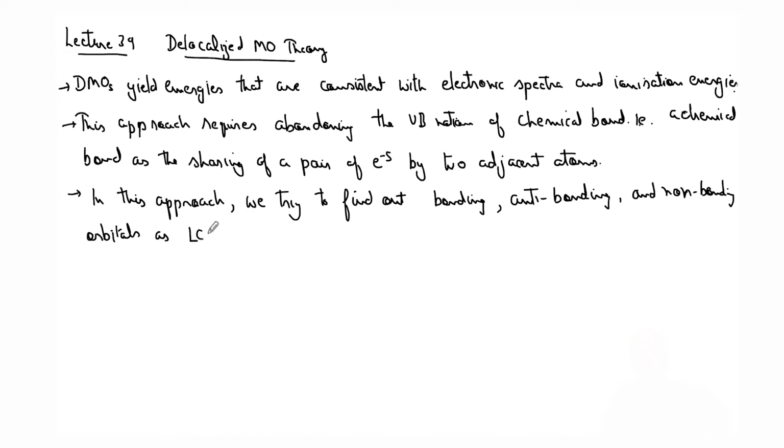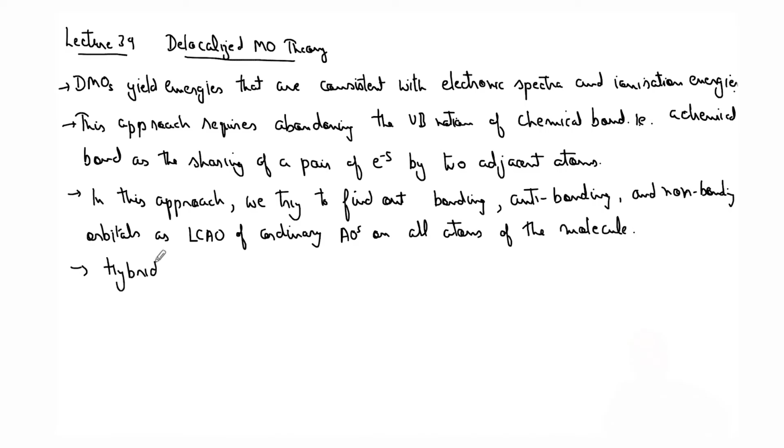But here it is done as a linear combination of ordinary atomic orbitals on all atoms. So there is no hybridization to start with. Hybridization is actually a product of wave functions, so that is not a starting point here. So this has to be very, very clear.